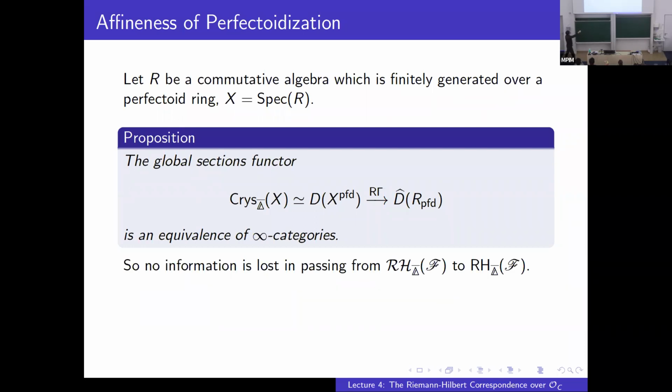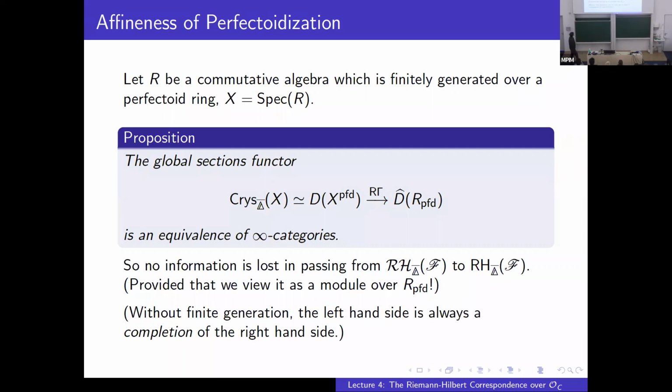You don't lose any information, provided that you remember that the right target of that functor is not modules over R, it's modules over this perfectoidization. So if you don't have to think about this calligraphic RH, you can just think about this Roman RH, but you have to remember a module structure, which is something to be a little careful of, because this is now a non-connective E-infinity algebra.